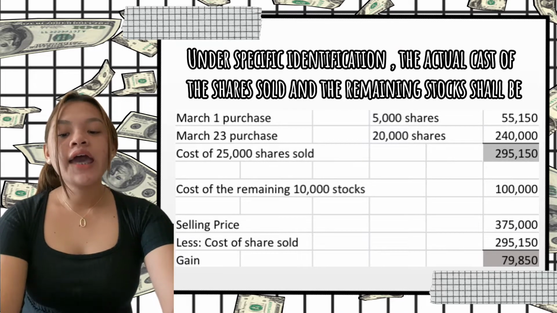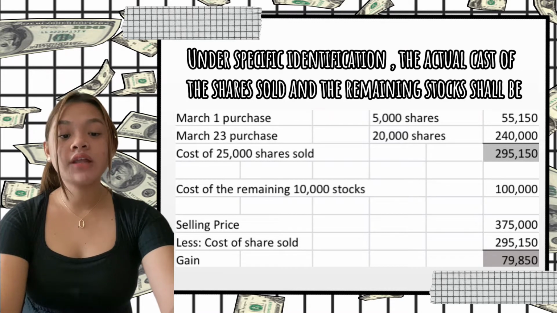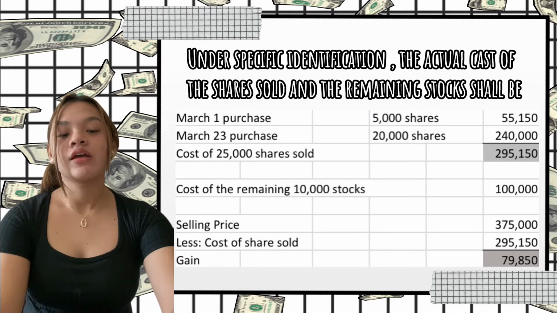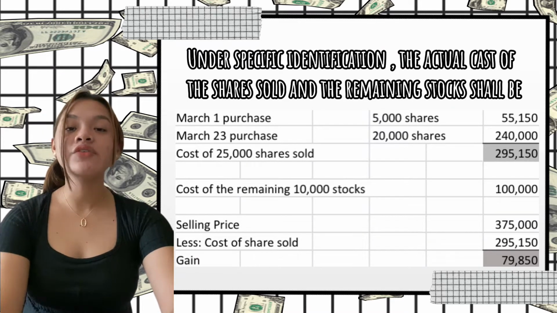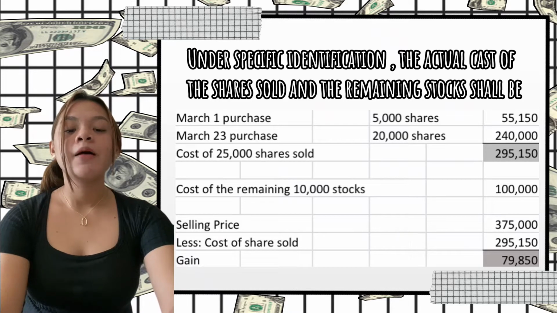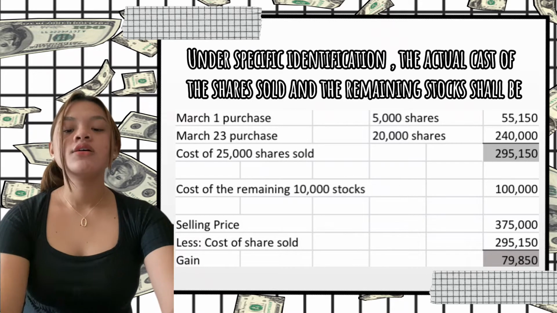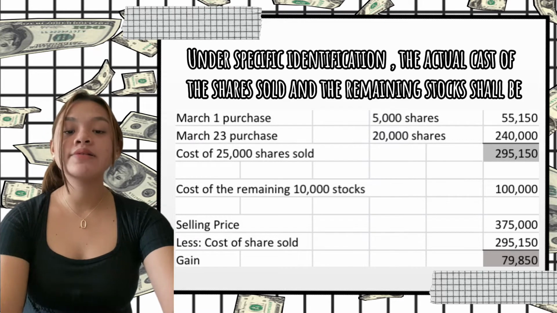To get the cost of 25,000 shares sold, we're going to add the 55,150 and the 240,000, which are the costs of March 1 and March 23. 55,150 plus 240,000 is equal to 295,150. So we have the cost of the remaining 10,000 shares, which is 100,000 because of 10,000 times 10.